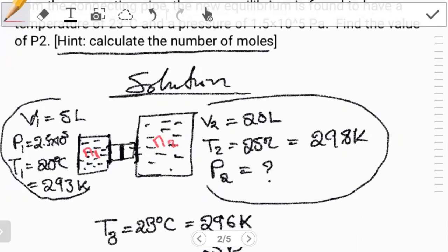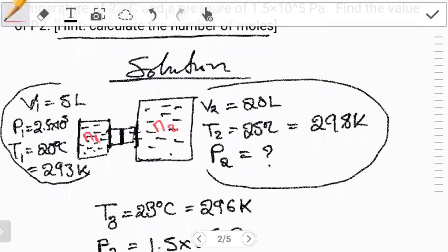When you open this stopper, what will happen is that the number of moles are now going to be interacting. The new system that we now have, the one where the two are now intertwined, or we can say they're acting as one now, the total number of moles in the system is going to be N1 plus N2. So since we want to find what P2 is, they're saying we take the number of moles route.